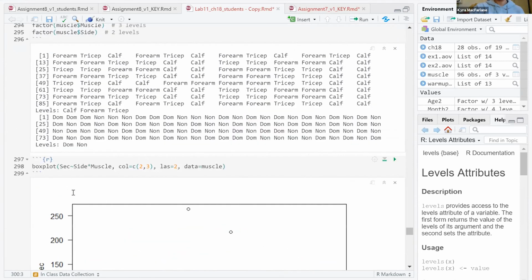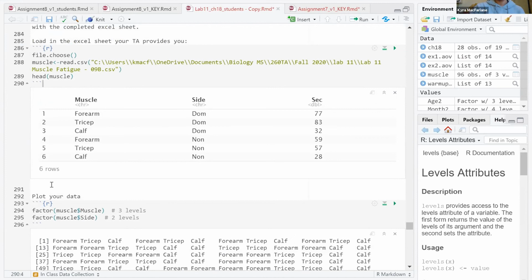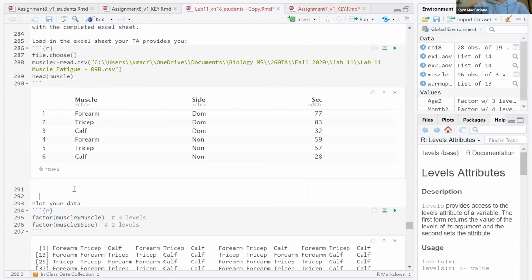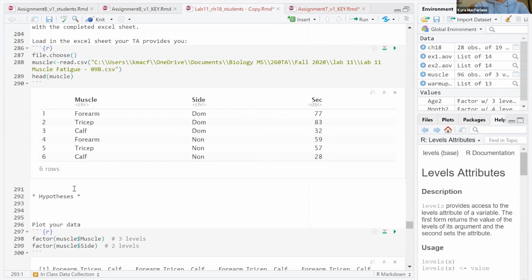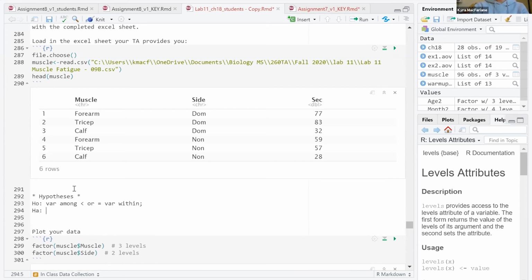Here, I'll just type those in up here, just to be consistent. So our null: variance among, or between, is less than or equal to variance within. Alternative is that our variance among is greater than our variance within.